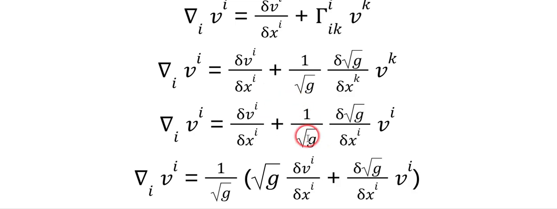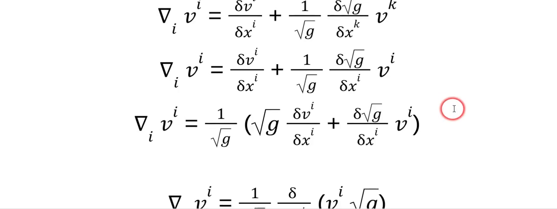So here, now I can start isolating things. So I can pull out a 1 over the square root of G, which means I have to multiply this by the square root of G, right? And then this is unchanged because I pulled it out. Now you may recognize this as the differential of a product.